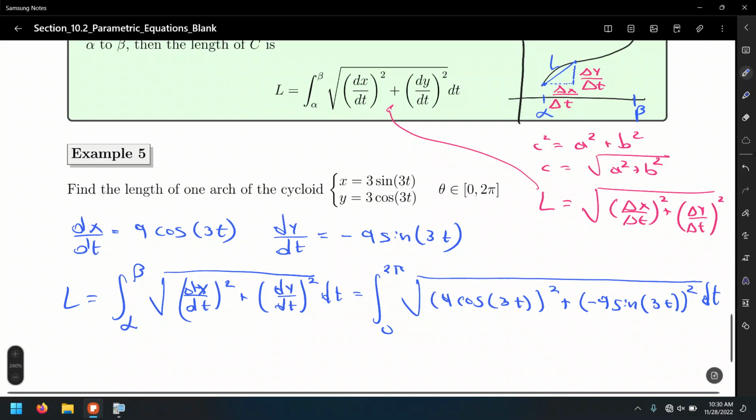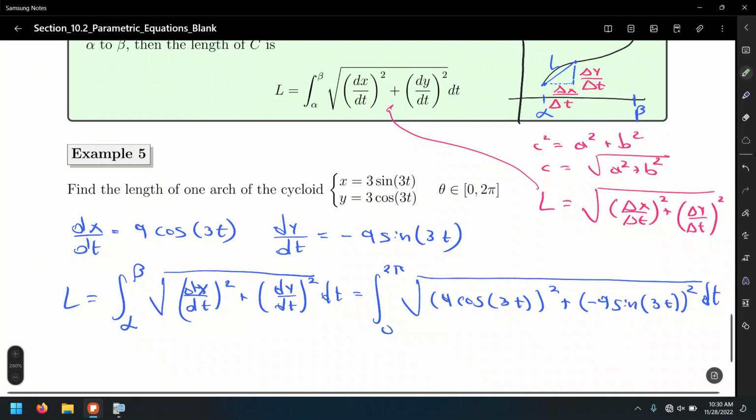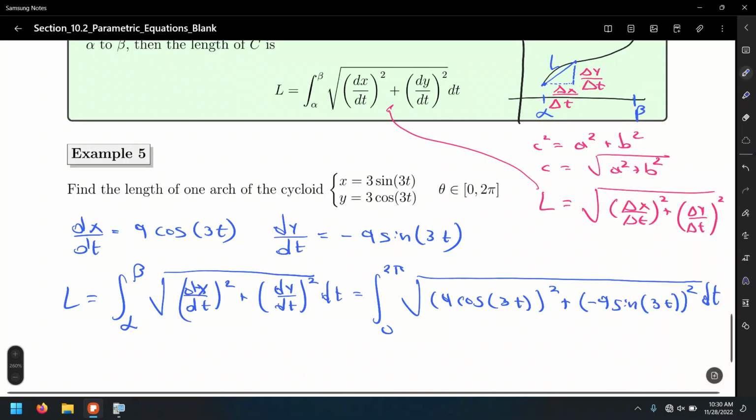Don't attempt to distribute the radical. A very common mistake I see, and you don't want to do this, is to distribute the radical and say, oh, this cancels, that's 9 cosine 3t minus 9 sine 3t. No, we cannot distribute the radical over a sum or difference of terms. Simplify first. You'll see how this is going to look. In fact, it's going to go really, really simple, really nice.